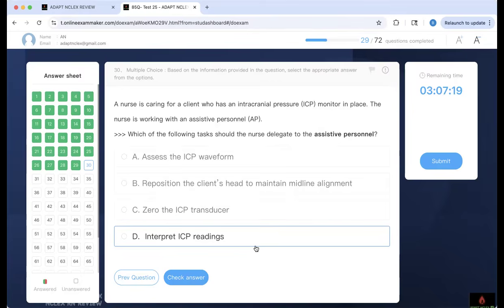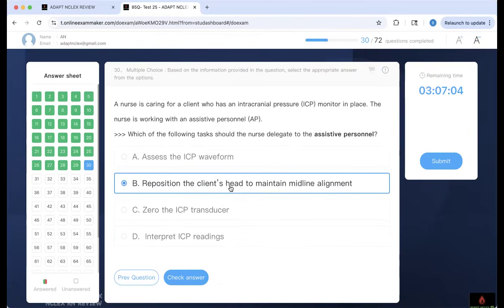What can the UAP do? Delegation question, management of care on ICP monitoring. 2026 test plan question. What do you think? Of course, UAP, anything that does not require thinking, an ADL. Reposition is the best thing for them. They don't access, they don't touch the ICP monitor, and they don't interpret it either.